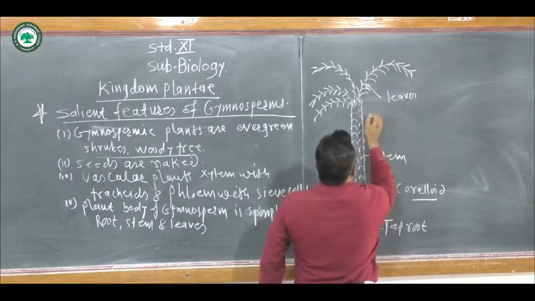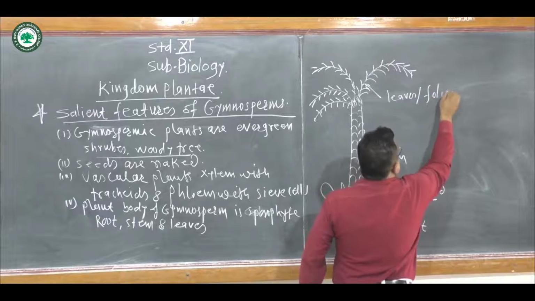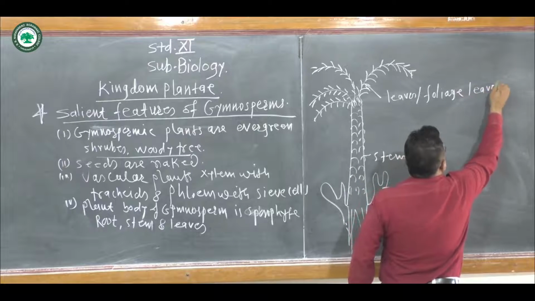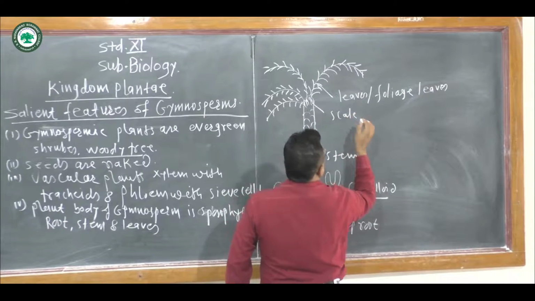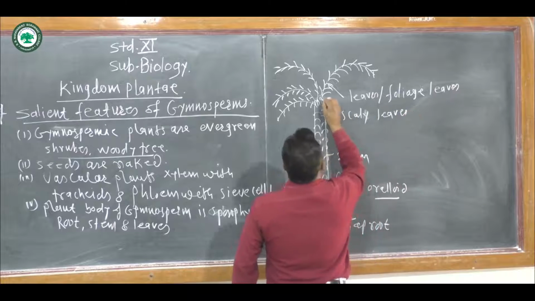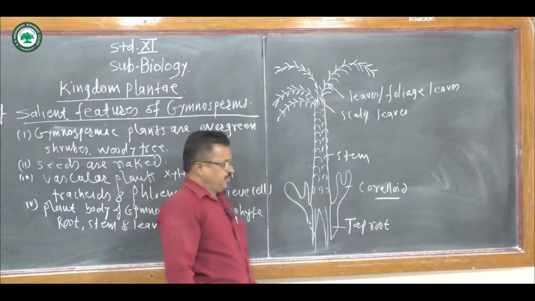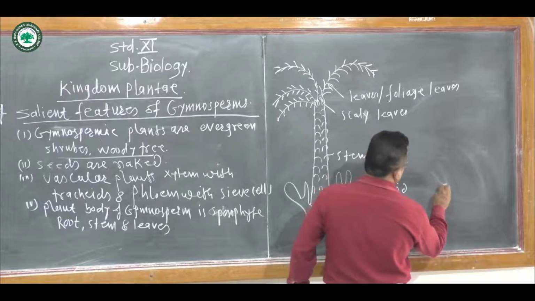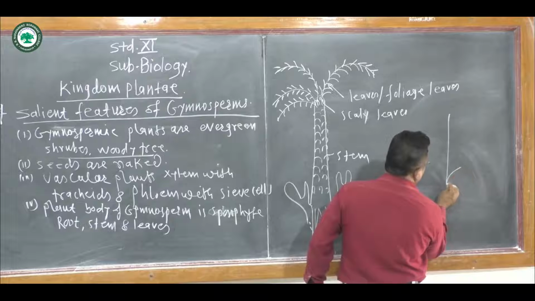Leaves are of two types: foliage leaves and scaly leaves. Foliage leaves are pinnately compound, and appear like this.